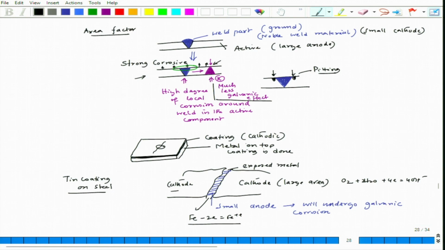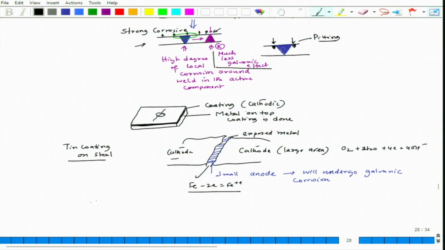So, that means if we experience scratchability, it is better to have a coating which has barrier protection, that means it can withstand erosion or wear, as well as it should be anodic to the underlying surface. So, that means it is just like a galvanization where zinc coating is placed on top of iron. Okay.